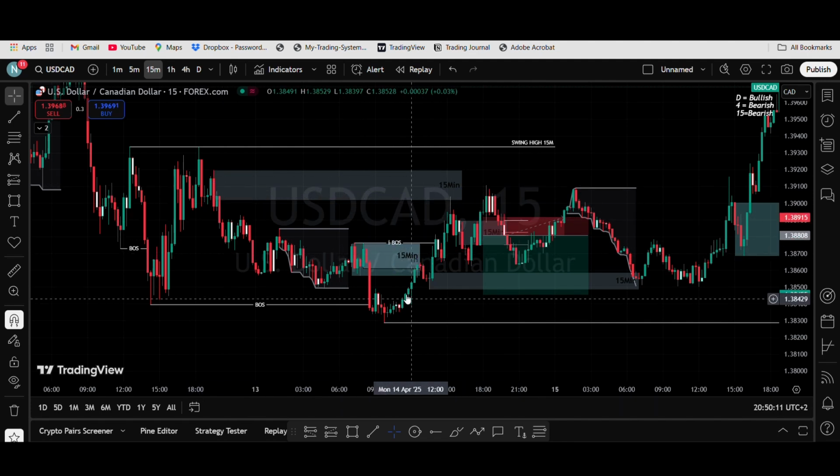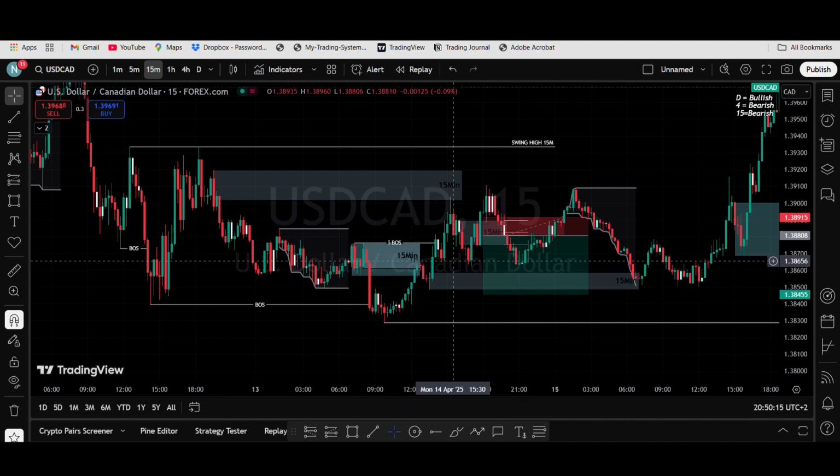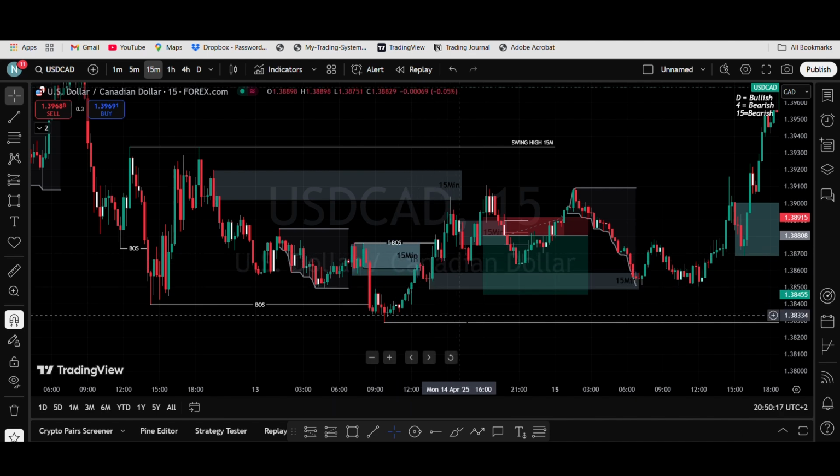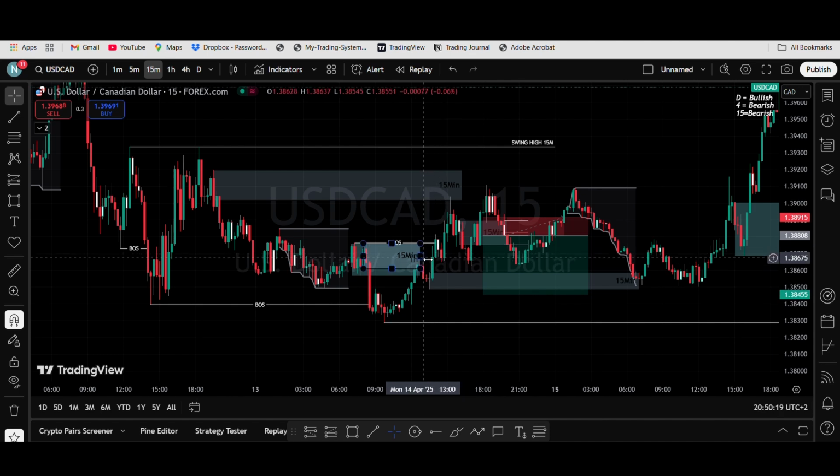So I'm monitoring this, and then I don't get a valid setup to take the sells, because I would at least want to see a change of character, which would be the first sign of a little bit of a bearish shift, right? We did not get that. So okay, this goes past, and then we go up.